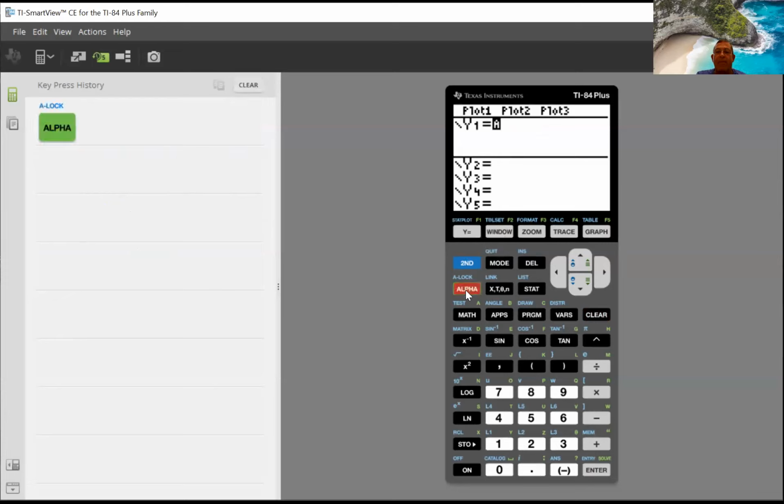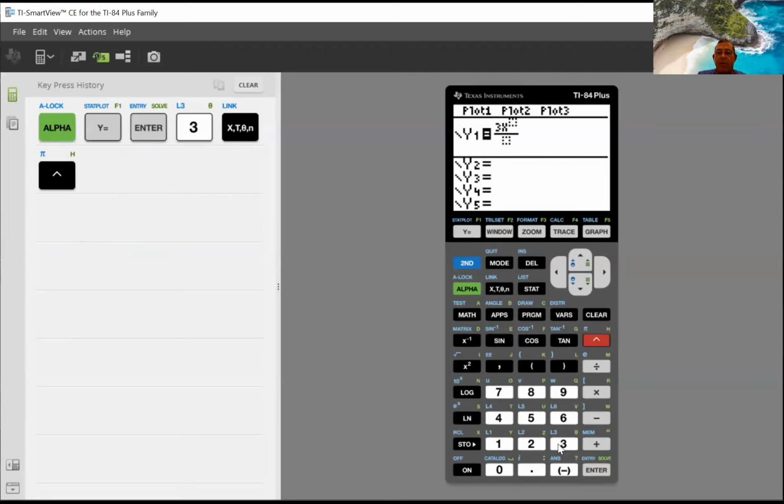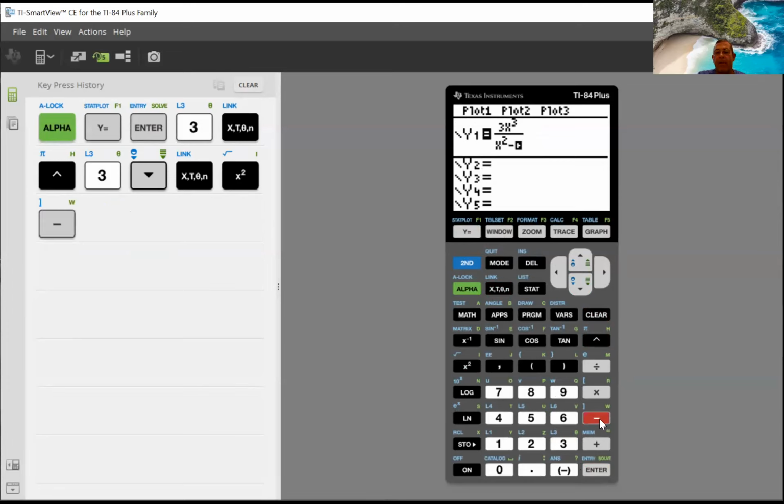So y equals and enter. On top, 3x to the third, so 3x, exponent 3. Arrow down to the bottom. We had x squared minus 16.